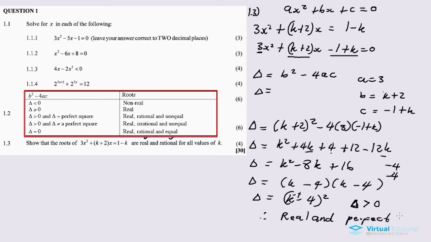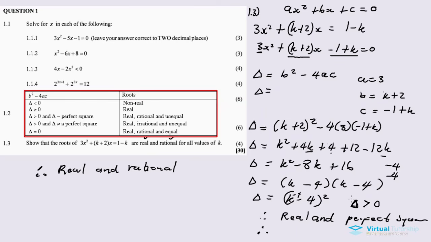And a perfect square. So therefore it means the solutions are real and rational. A perfect square is always a rational number, so it's real and rational for all values of k. So that ends question 1.3.